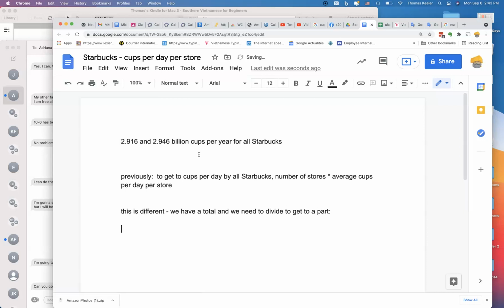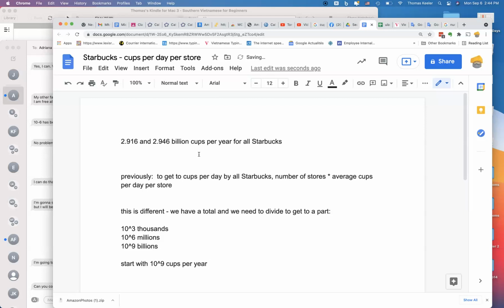So remember, 10 to the third is thousands, 10 to the sixth is millions, and we'll just keep practicing this. 10 to the ninth is billions. So the question: do we want to do 10 to the ninth or 10 to the 10th? Well, 3 billion is closer to 10 to the ninth. So we start with 10 to the ninth cups per year.